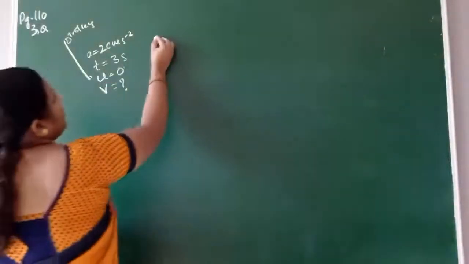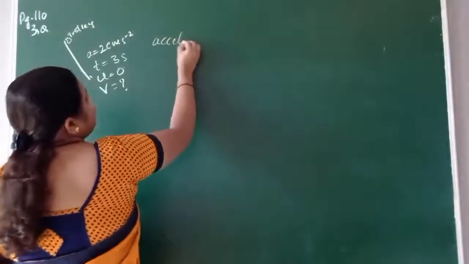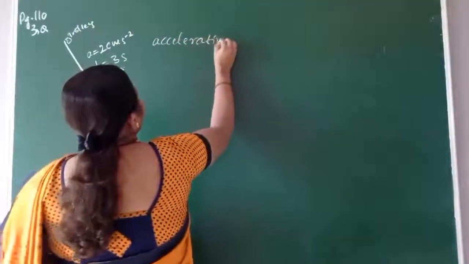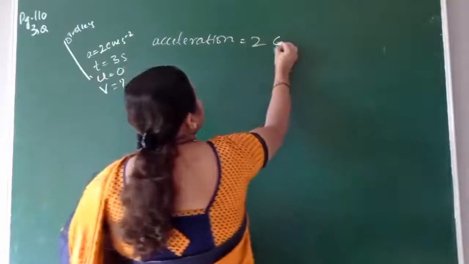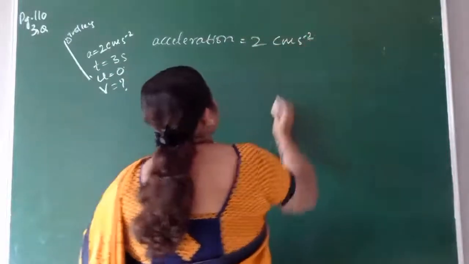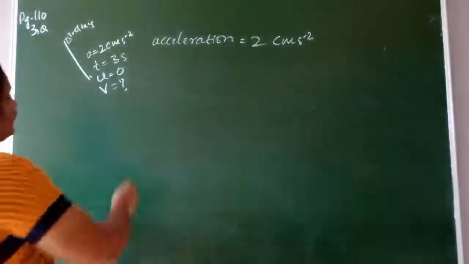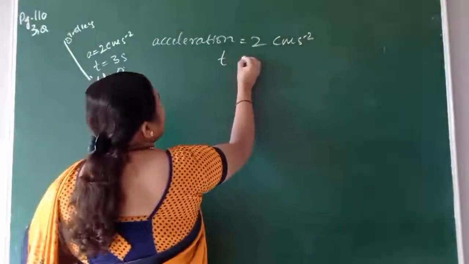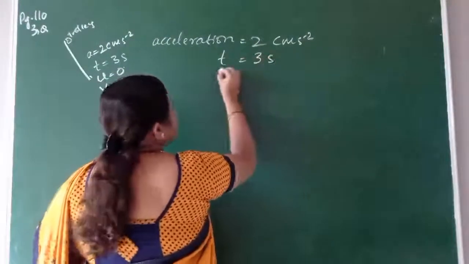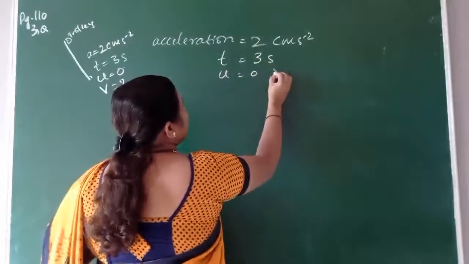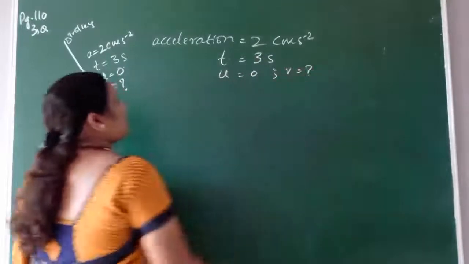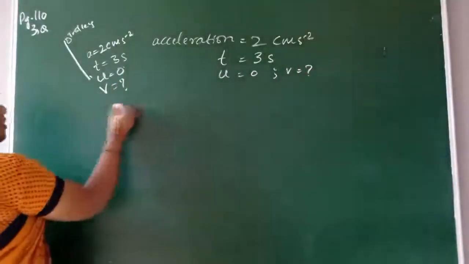So what are the given data? That is acceleration 2 centimeter per second square, and what is the timing? Time is equals to 3 seconds. Initial velocity is 0, and final velocity we need to calculate. So let us take the formula.